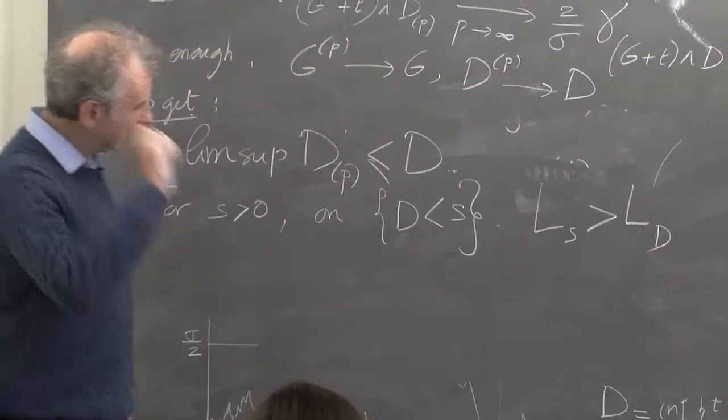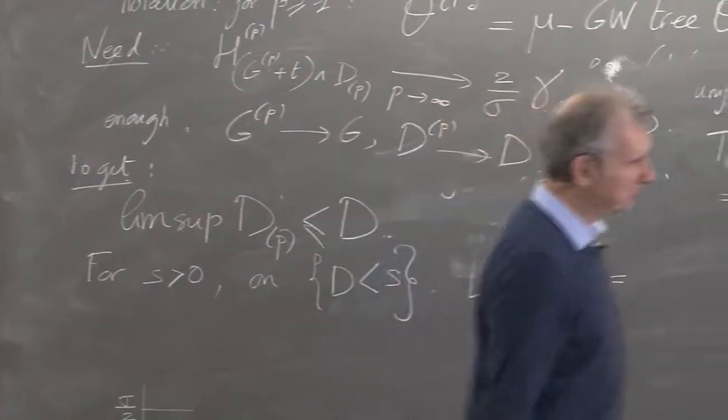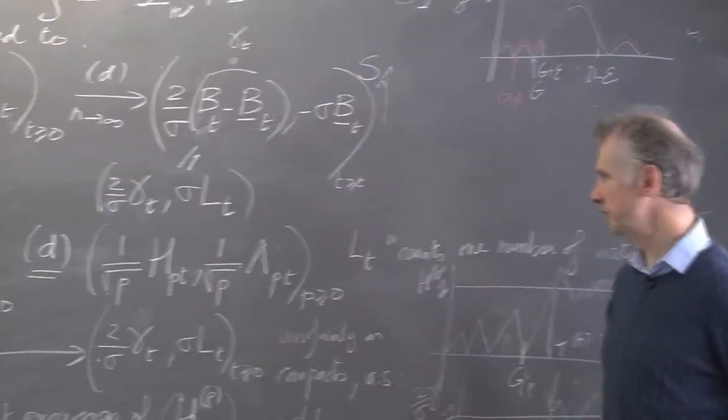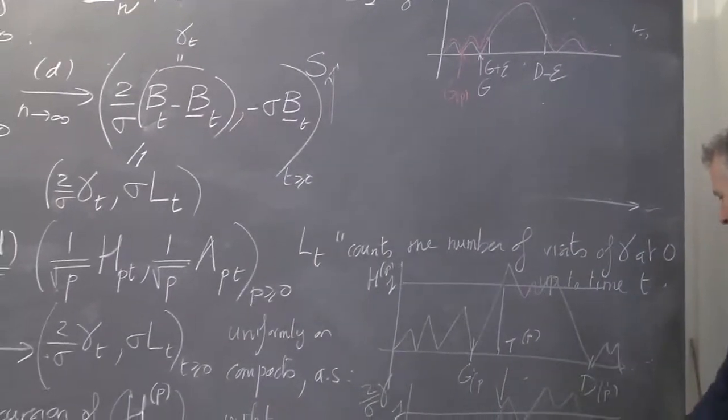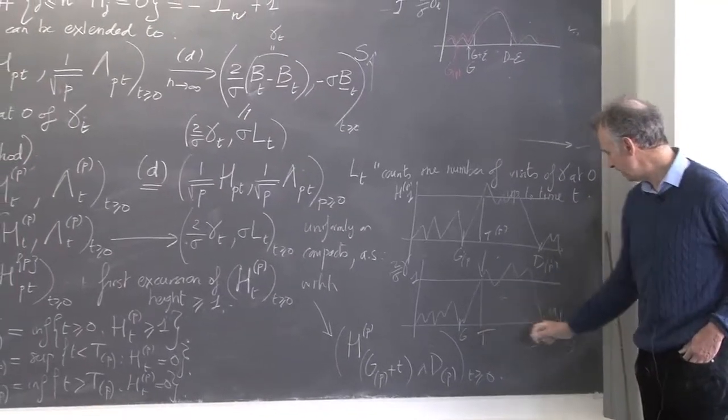Okay? And now another property of local time, which you can read as well on this representation here if you prefer, is the fact that the local time increases only when you are at 0. So it will be the same here and here. Okay?